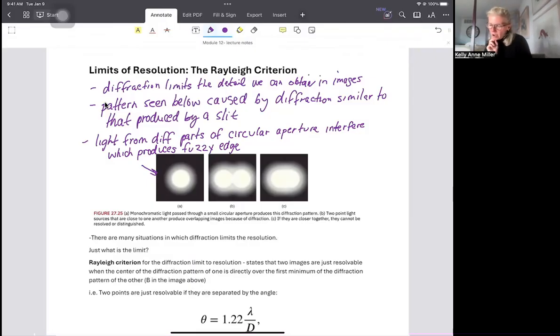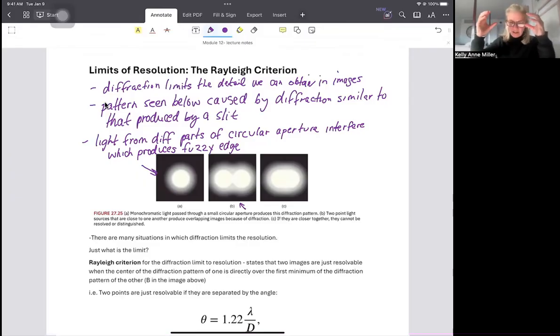So the goal here is to understand what the diffraction limit is. Say you have a lens and you want to know what the diffraction limit is. In this figure 27.25, part B shows you two separate light sources shining through circular apertures and producing overlapping patterns.